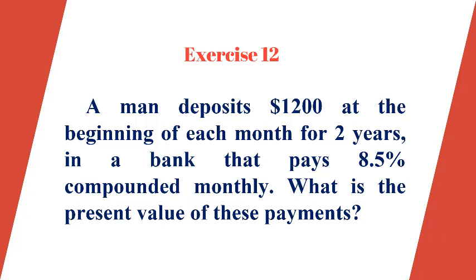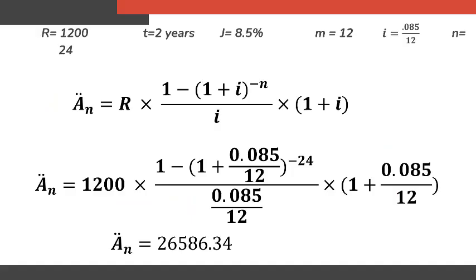In a bank that pays 8.5% compounded monthly, then J equal 8.5%, M equal 12, and I equal J over M, 8.5% over 12. By substituting in the formula of A double dot N equals R times (1 minus 1 plus I to the power of negative N) over I, times (1 plus I), then A double dot N equal 26,586.34.